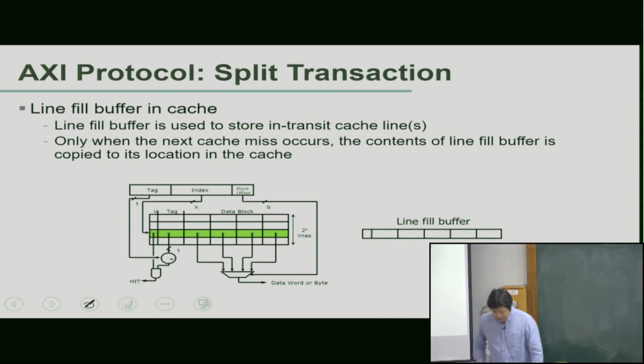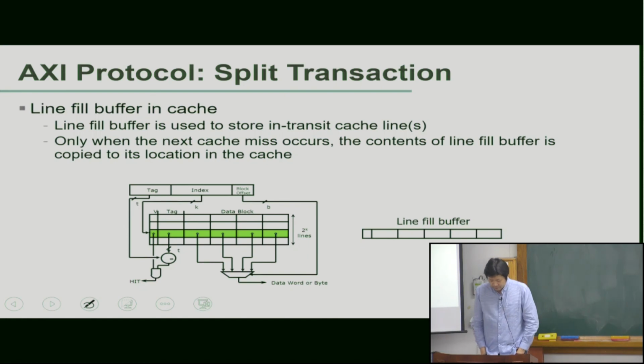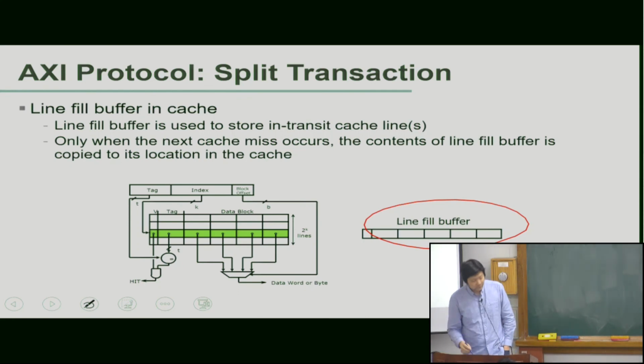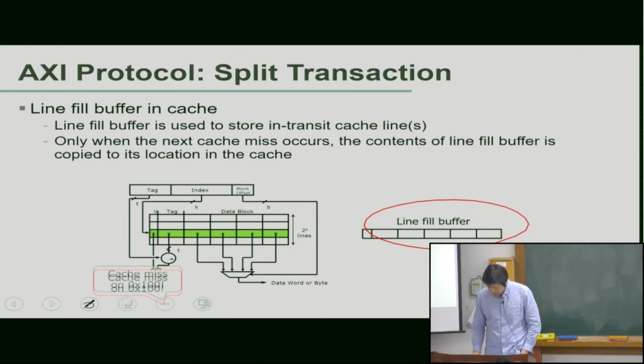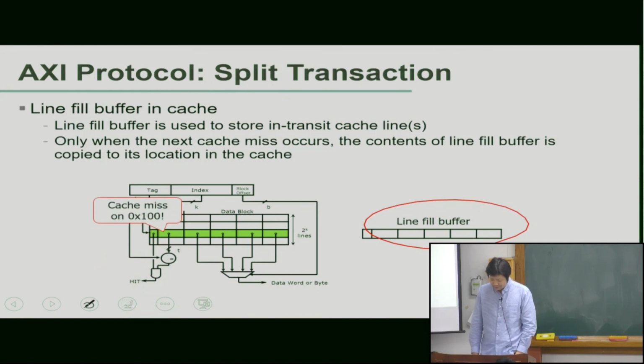And the next one is about the line fill buffer in the cache. So the line fill buffer is a separate buffer used when there's a cache miss. You can think of it as a temporary buffer to read some value from the lower level of the cache. So let's say you try to access the cache at address 100, but now you have a cache miss on address 100.